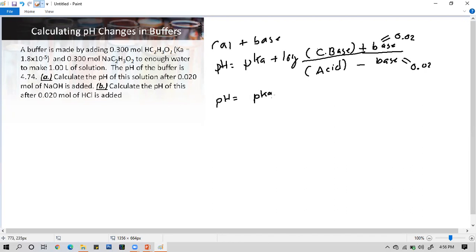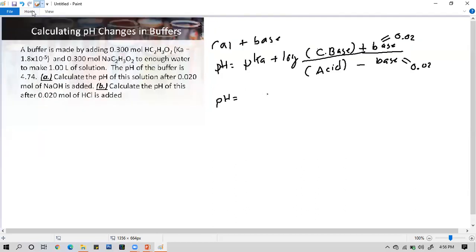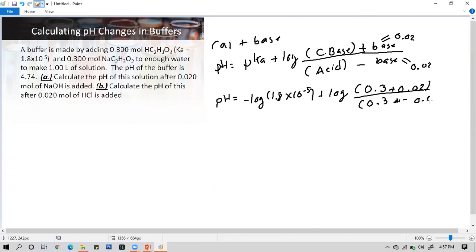Now, pKa here, or negative log of 1.8 times 10 raised to negative 5 plus logarithm of ano yung value? 0.3 plus 0.02 quantity all over 0.3 minus, that is minus, I'm so sorry, 0.02.